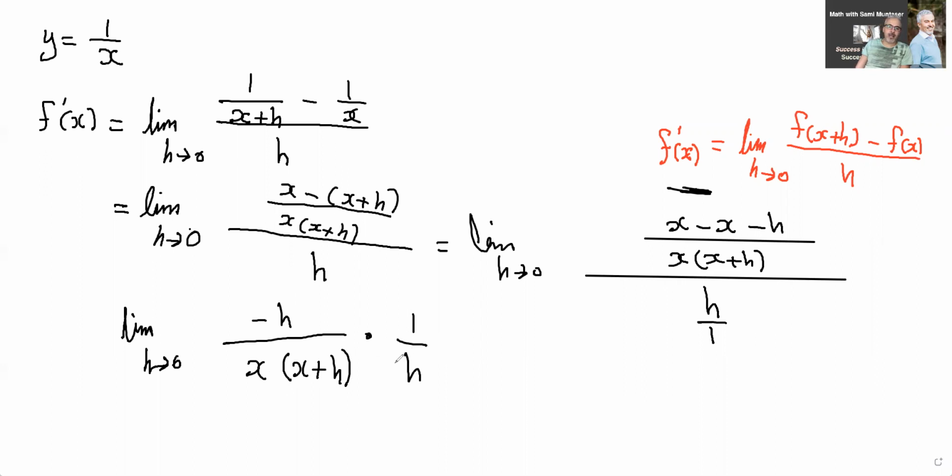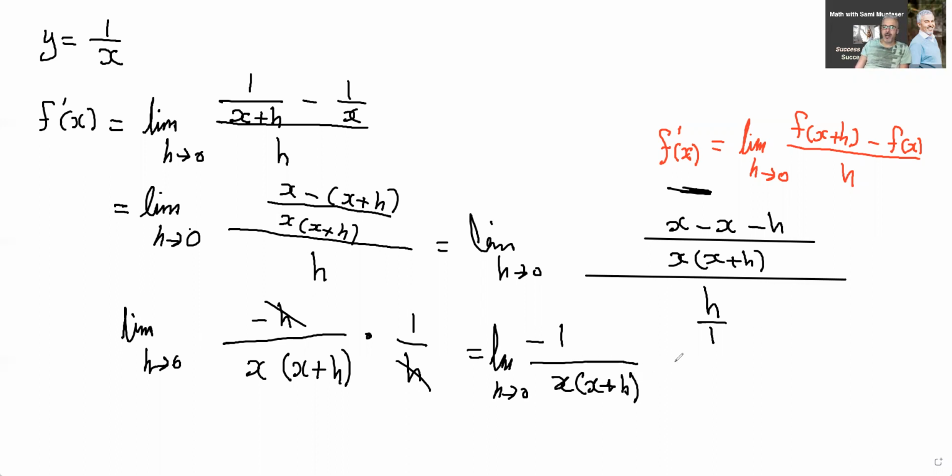As you notice the h's would cancel, and at this stage where the h's cancel, I'll end up with negative 1 on top, the limit as h goes to 0, negative 1 on top, and I have x and x plus h right here. See, if we put in the 0 for the h here, we cannot divide by 0, and that's why we couldn't do it till we get to this stage.